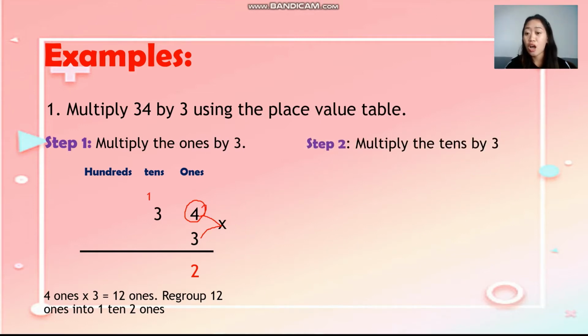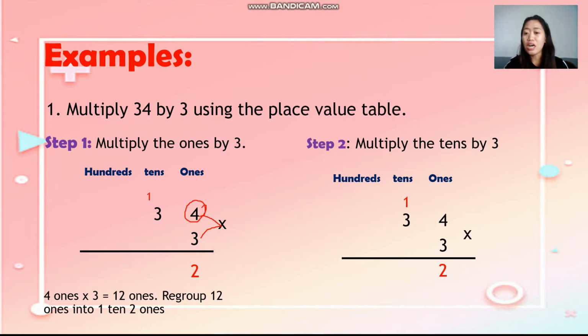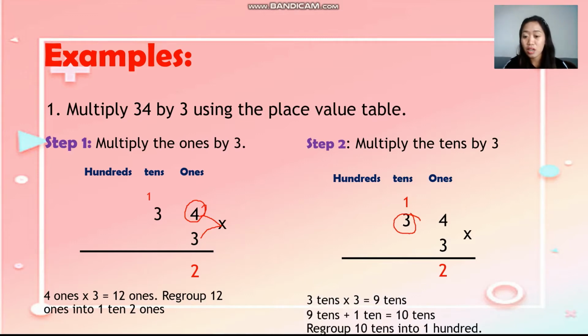Now let's continue with step 2. Multiply the tens by 3. We have 3 tens times 3, which equals 9.